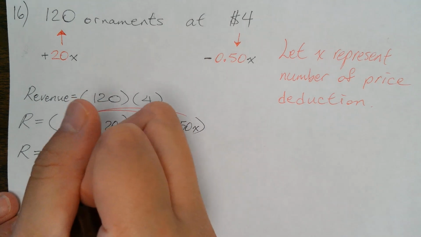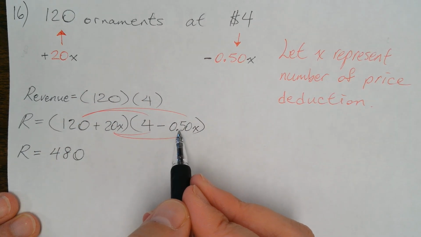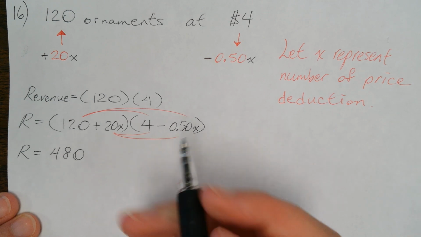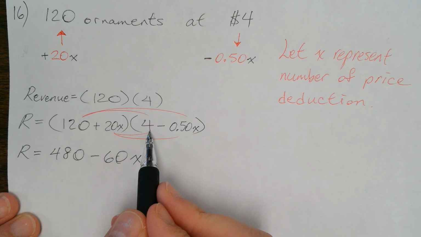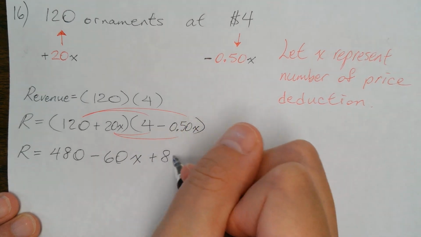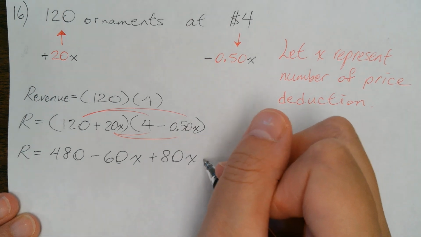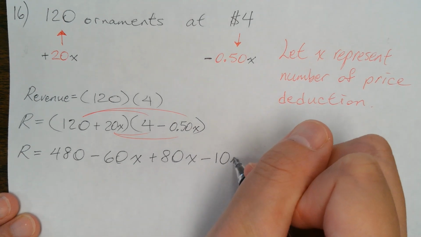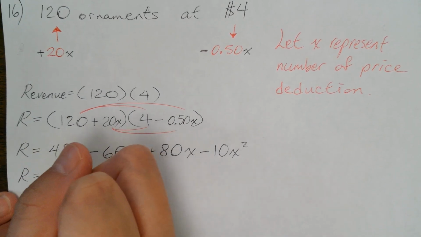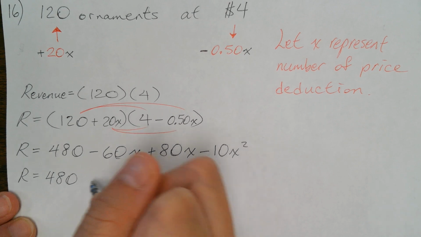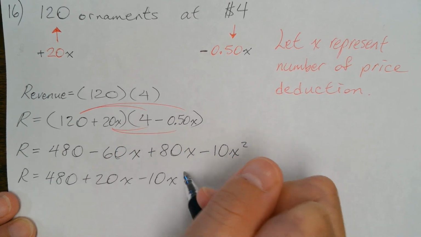So 120 times 4, you get 480. 120 times negative 0.50x is negative 60x. 20x times 4, you get plus 80x. 20x times negative 0.5x, you get negative 10x squared. Okay, so I have 480 plus 20x minus 10x squared.